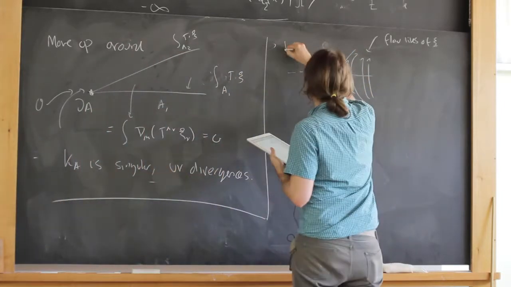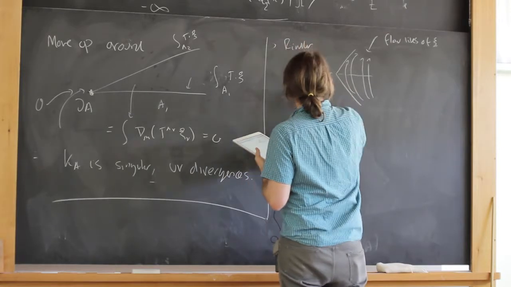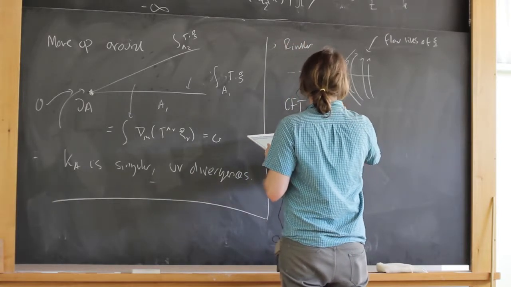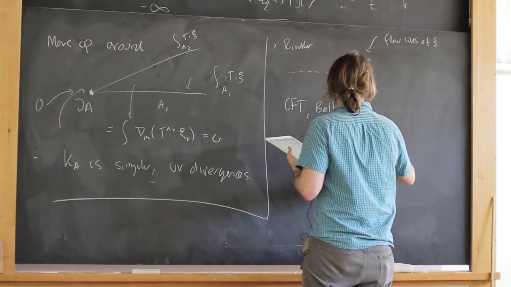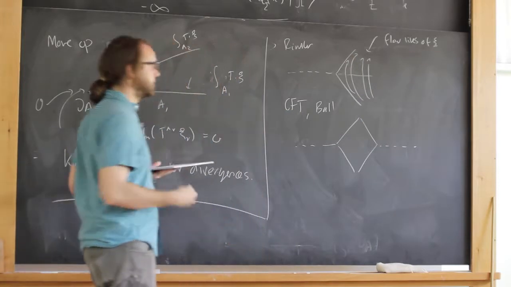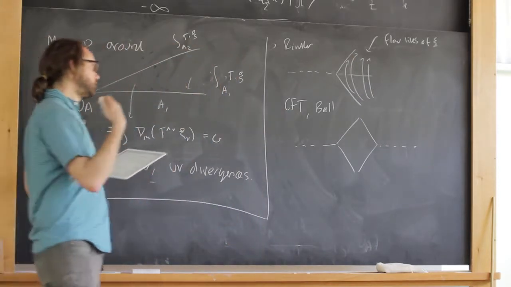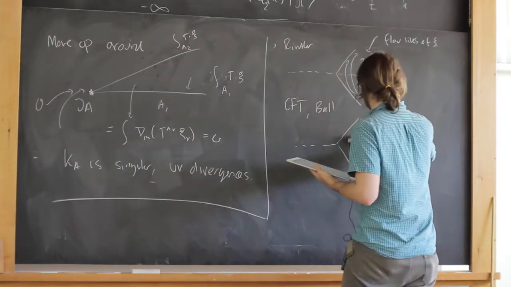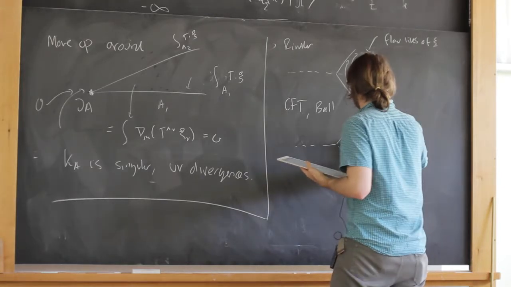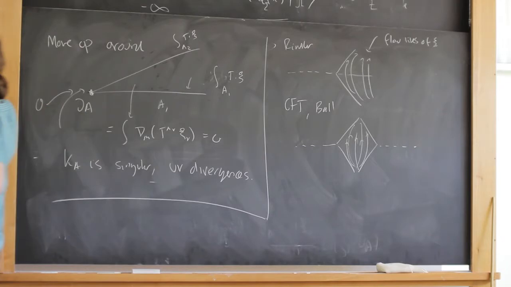Another case is if I have a CFT and a ball, then I have a causal diamond associated to that ball, and there's a conformal symmetry. Now there's a conformal Killing vector whose flow lines look like this. And the form of the modular Hamiltonian is the same, just with a different C.